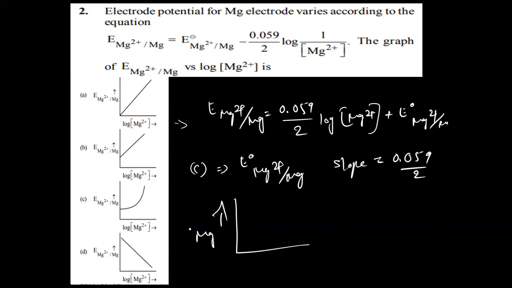So here we can consider E Mg2 plus bar Mg versus log concentration of Mg2 plus, and here the graph obtained is like this. We have a straight line. So the correct option is option B. It's the correct one.